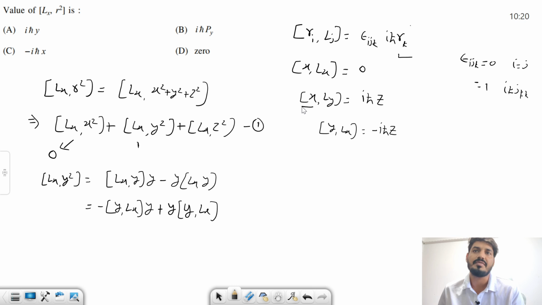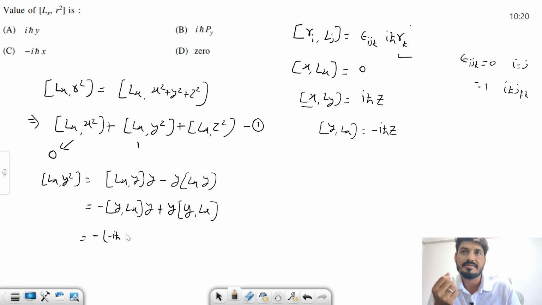This is the opposite of this one, similar like this. So I can write it like this. This is minus iota h cut, so minus iota h cut y. I'm sorry, let me just clean it.